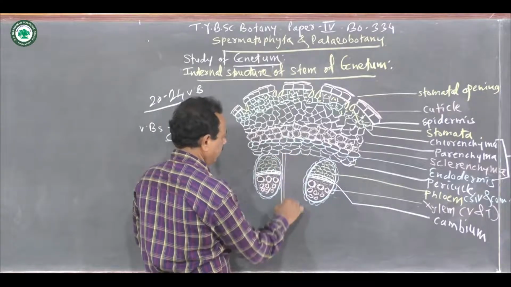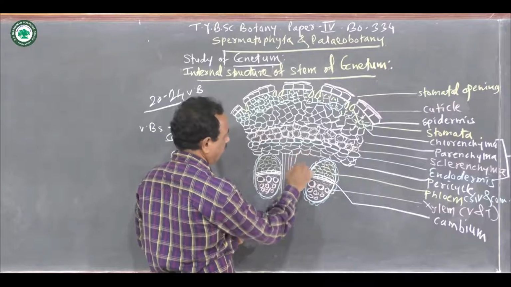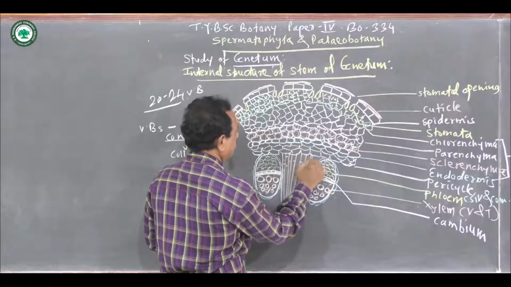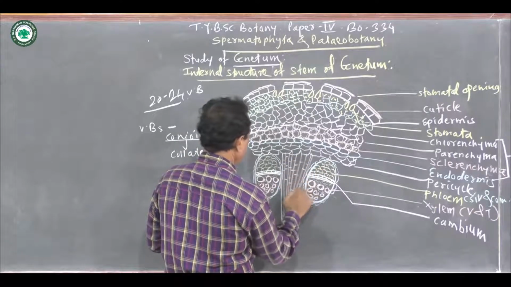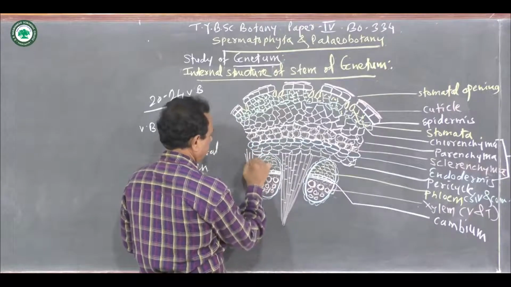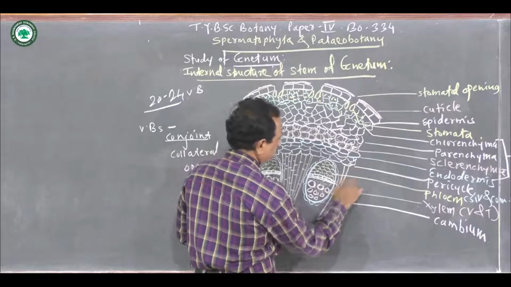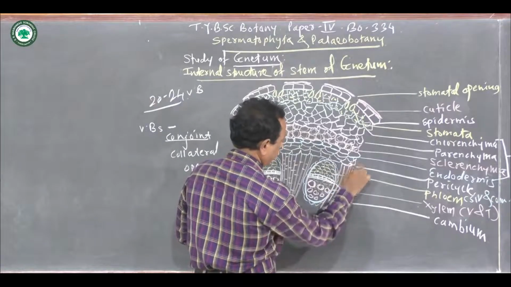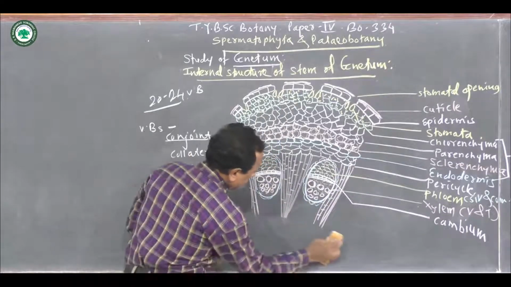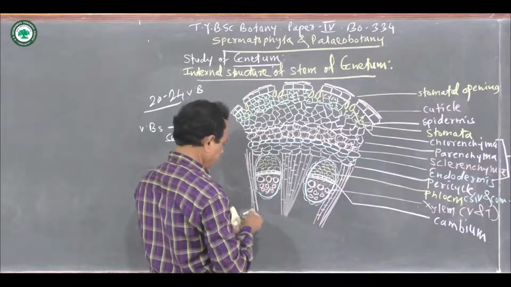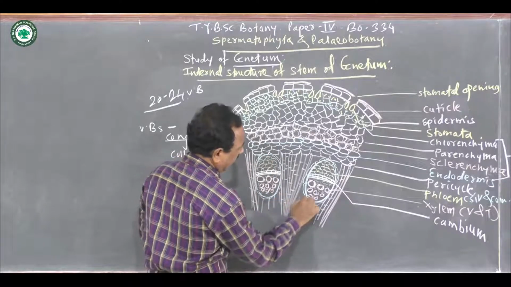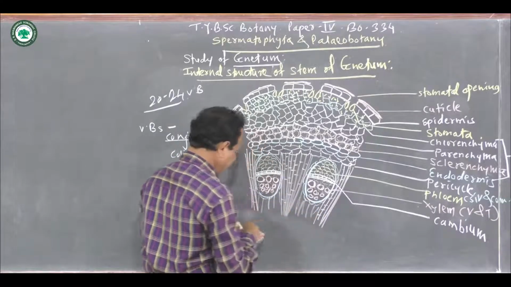And here in between the vascular bundles, there are medullary rays. So these are the medullary rays which are present in between the vascular bundles. And in the center of these vascular bundles, there is a presence of the pith.